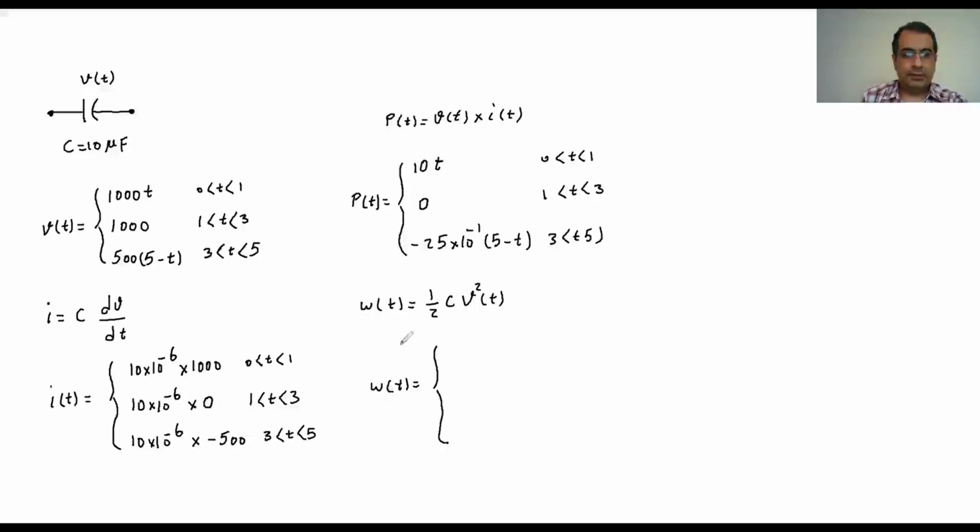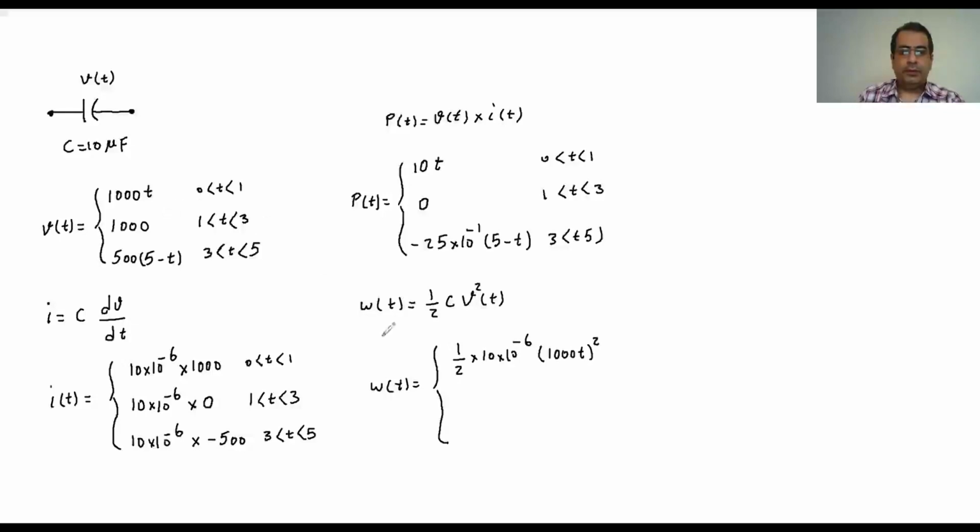So to calculate the energy for the first one, we have half of the C, which is 10 times 10 to the -6, and then the voltage, which is 1000 T to the power of 2.